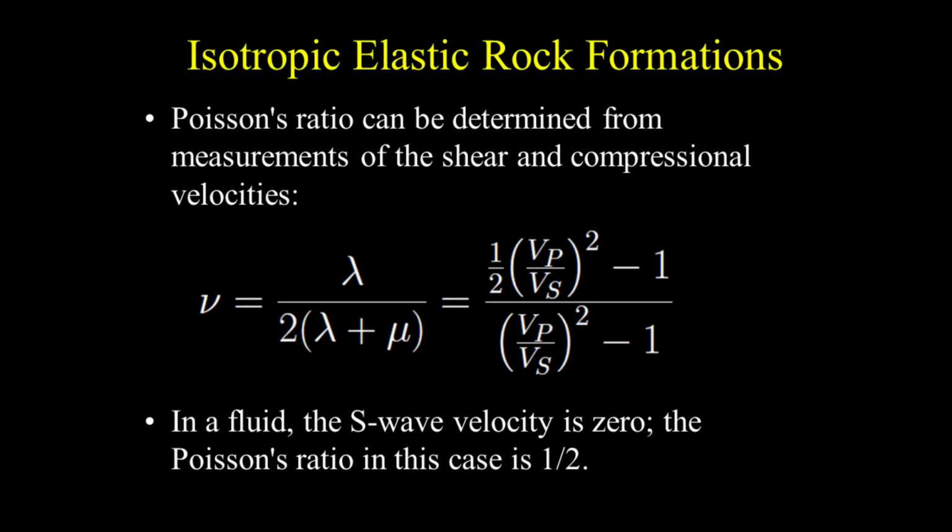Let's elaborate on Poisson's ratio, which we introduced in the previous lecture. Poisson ratio can be determined from measurements of the shear and compressional velocities. In a fluid, the S wave velocity is 0. The Poisson's ratio in this case is 0.5.